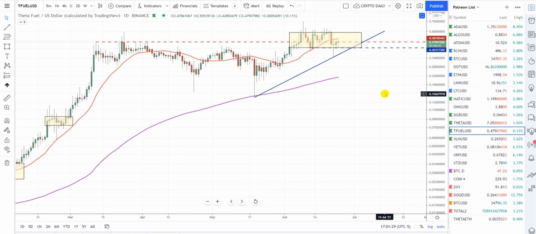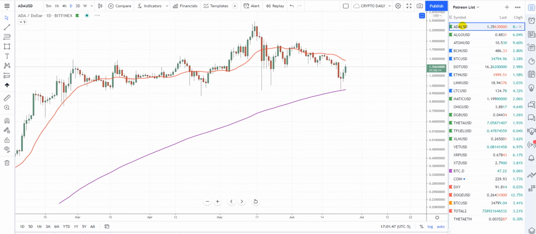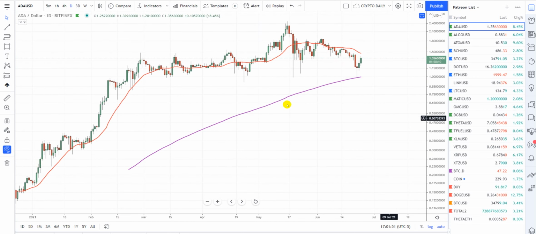And then what I want to show you is just kind of a comparison of other coins like Theta and Theta Fuel, where they are in correlation to the 20 and 200, which are the two most important moving averages on the charts. Giving you a little bonus here, another strong area. Now I'm going to take off all the lines and stuff on the rest of these charts. Those are for our Patreon members.